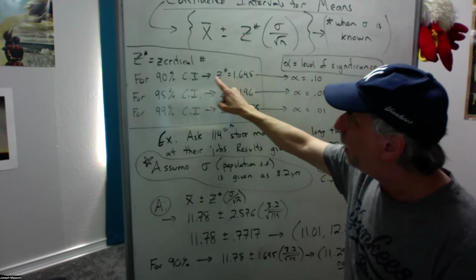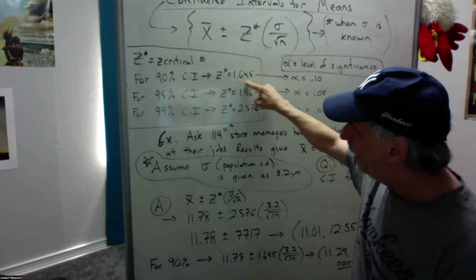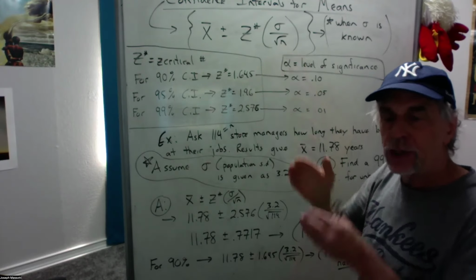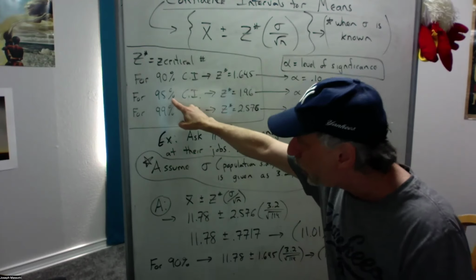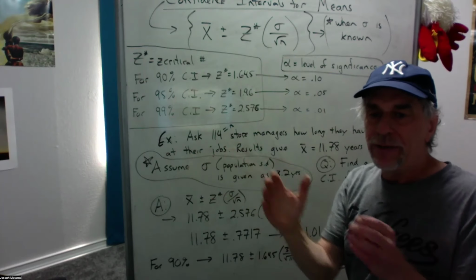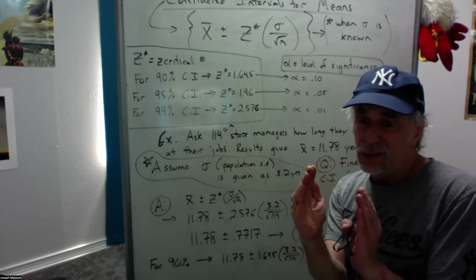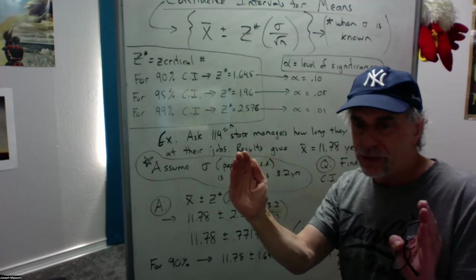But the Z critical value for 90% confidence is going to be this many standard errors from the center of our confidence interval. If we want more confidence, then we have to widen the interval, right? Obviously, if I have a tiny interval, I can say, well, I'm so much confident that it's within this interval. But if I'm more confident, I have to include more values.